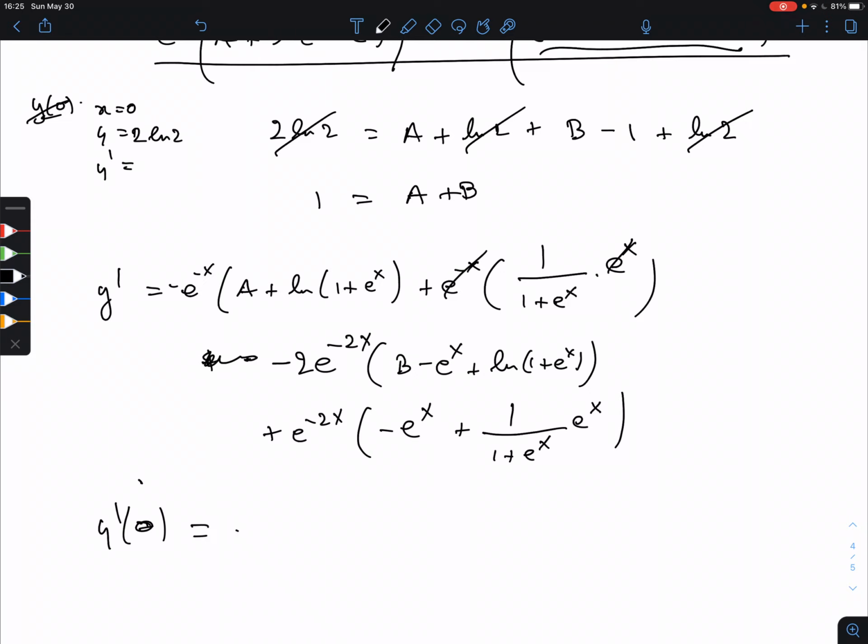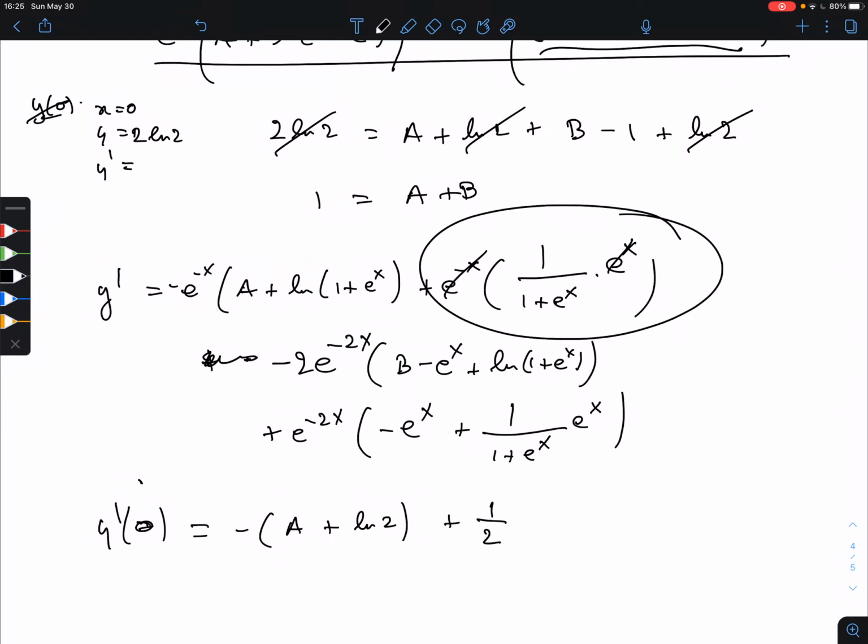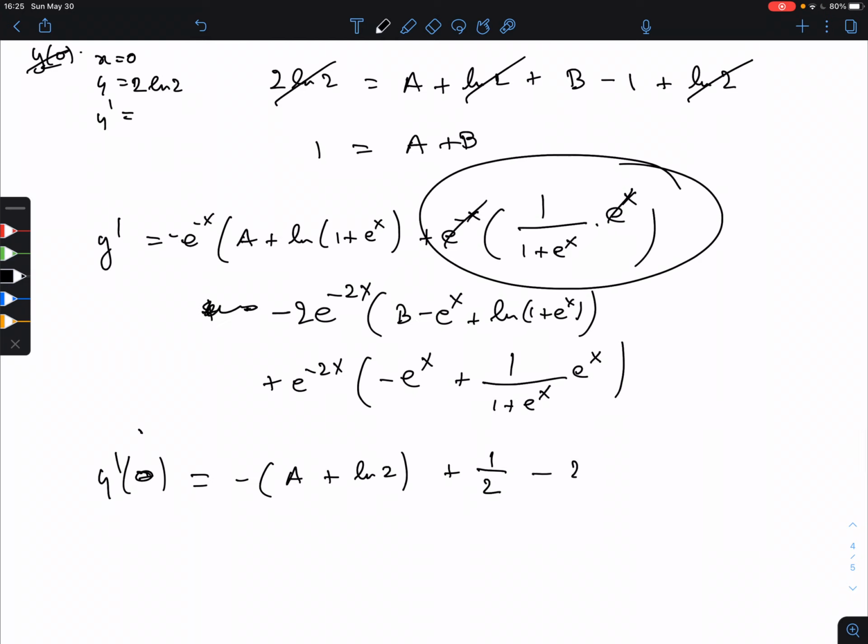We have a minus a plus ln 2, and then the next term is 1 over 2, plus 1 half, right? This is just 1 half. Here I get minus 2b minus 1 plus ln of 2. And then the last term I get minus 1 plus 1 over 2.